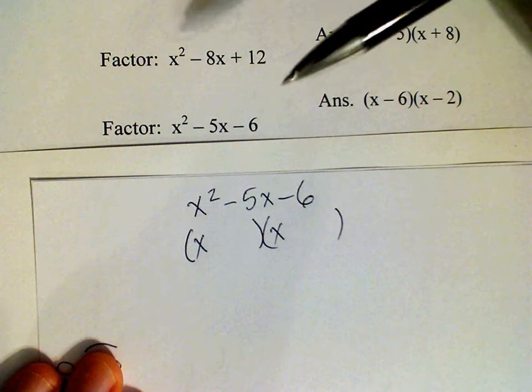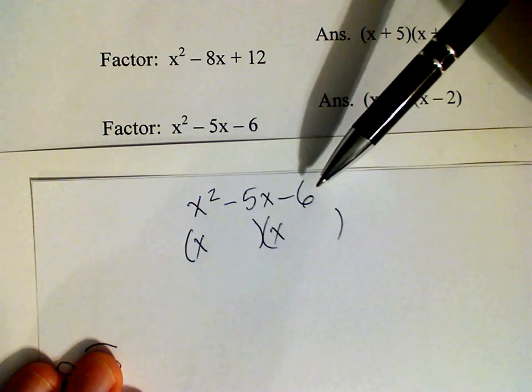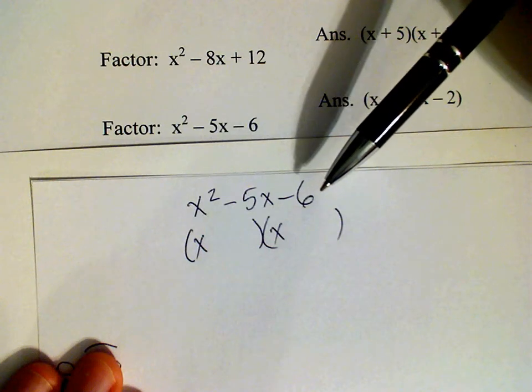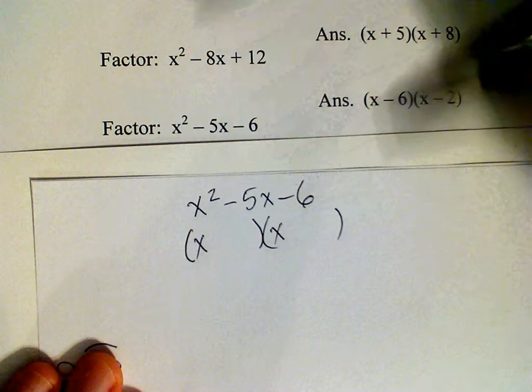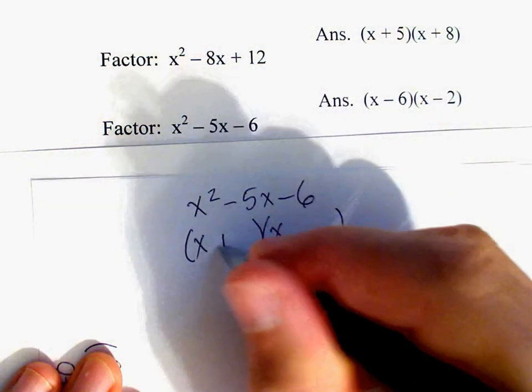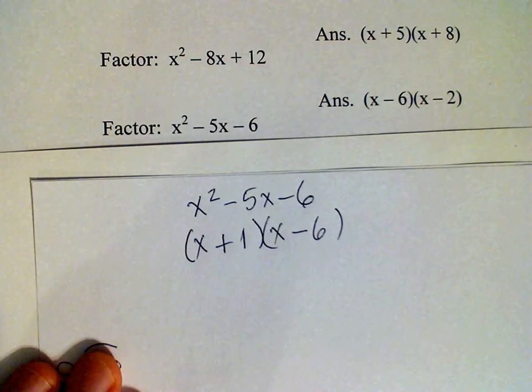Now this time we have product being negative, so we know one of them must be positive and one of them must be negative. And if you think about it, it's got to be a positive 1 and a negative 6.